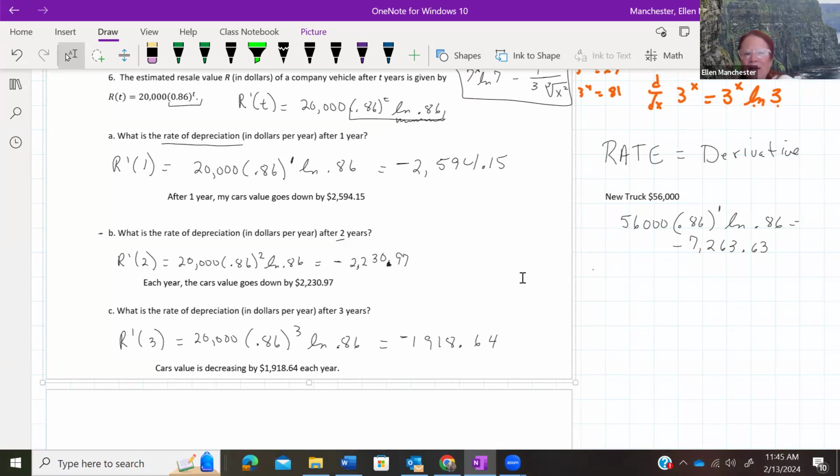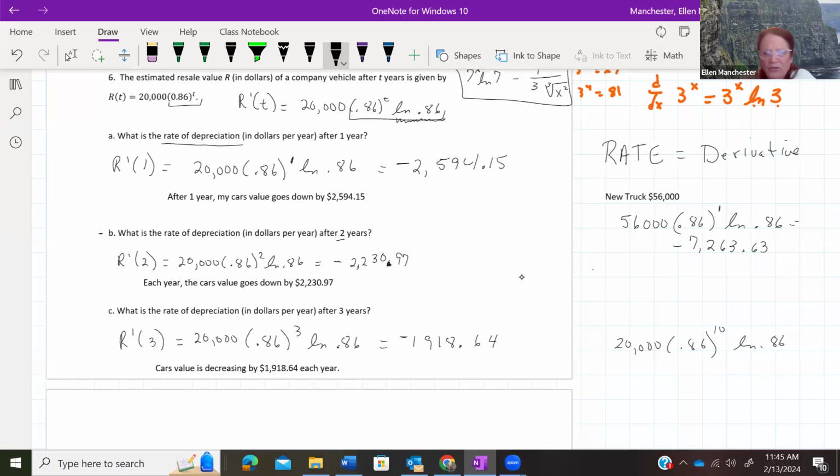So what happens is your rate of depreciation is actually very high. If I'm like my husband, and I have a $20,000 car, and let's say I want to know what is my rate of depreciation after 10 years.